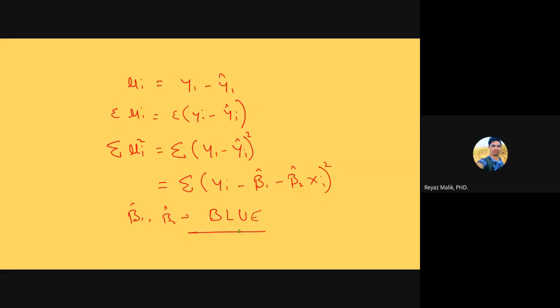Then the further investigation is, what is beta 1 equal to, what is beta 2 equal to? For example, I will just write it. Beta 1 is equal to y bar minus beta 2 cap x bar, and beta 2 is equal to summation of xy divided by summation of x square.